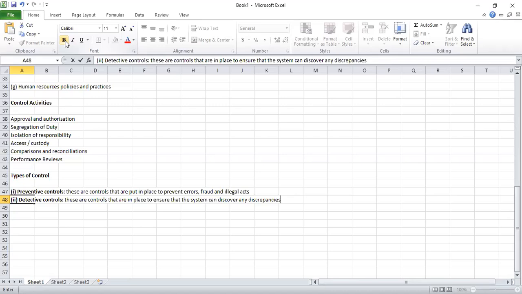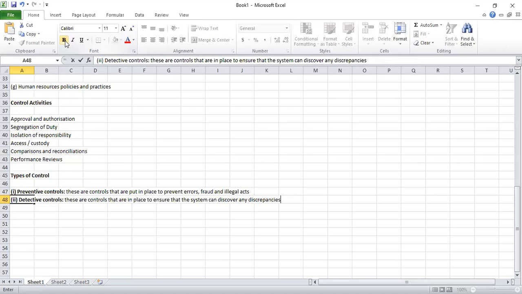Some controls can work as preventive or detective. For example, when you put in security, it's preventive in the sense that when employees and customers know that we have security and cameras at our shop, they are likely not to steal, thinking that maybe they will be seen by the cameras or the security. That is preventive. But it can also be detective in that those cameras can see that someone is stealing, or someone is going out without paying.